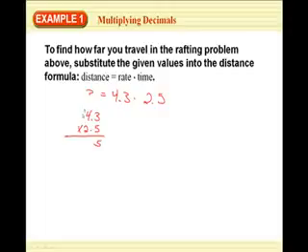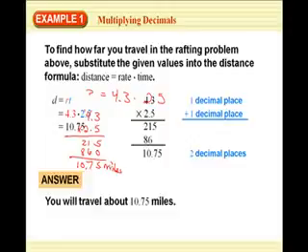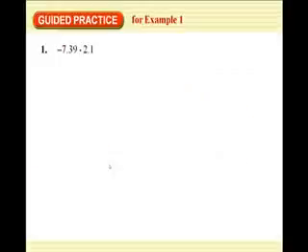So 15, carry the 1, that'd be 21. Placeholder 6, 8. And 2 places. You'll go 10.75 miles. That's it. Let's see what we get. 10.75, 2 decimal places. There's our answer.